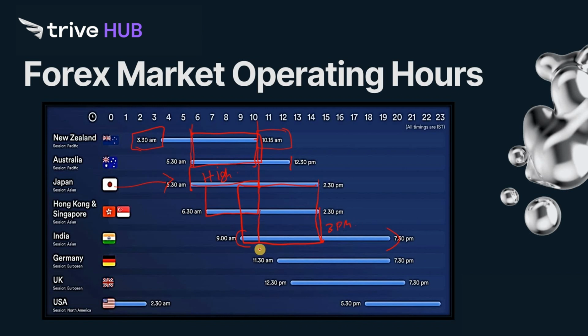After that, the Germany session is not overlapping too much, but it is overlapping with the Indian market, and similarly the UK session is also overlapping, and the US market is overlapping for just a few hours. So for India, this last period from 5:30 to 7:30 will be the most active time.